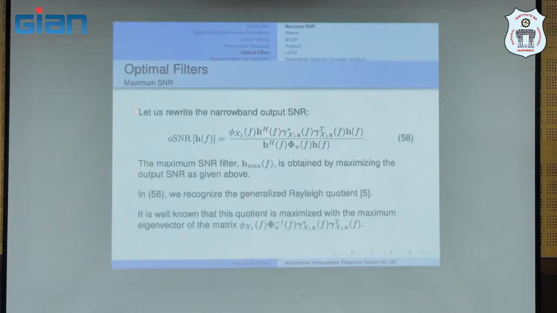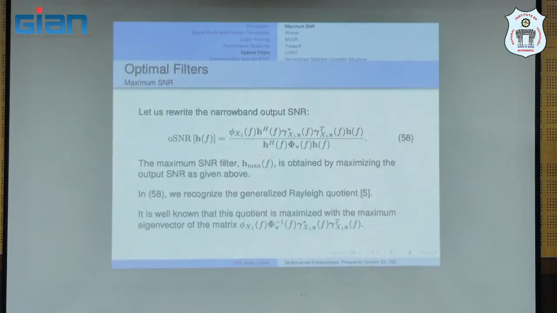If I take a filter H, a vector for each frequency, and I multiply it for each frequency with a certain scalar, complex value, you see that it cancels out in the numerator by the denominator, okay?